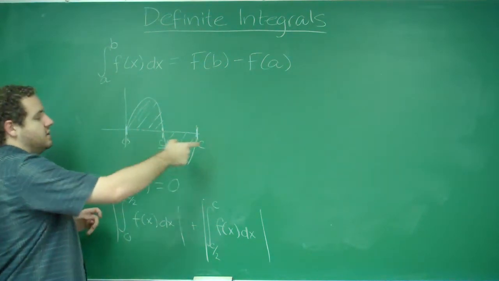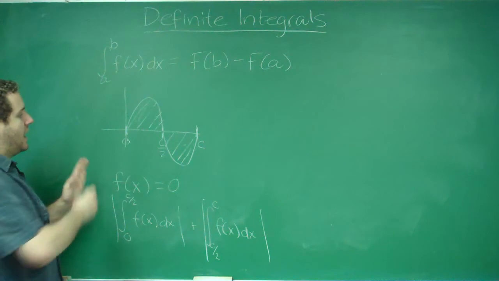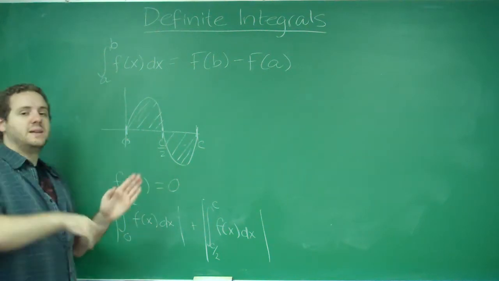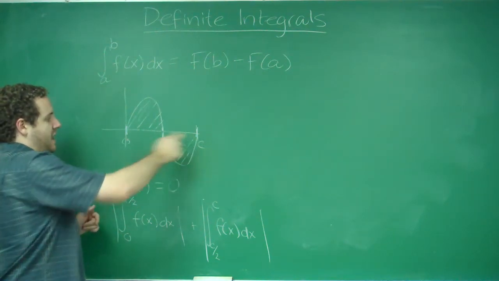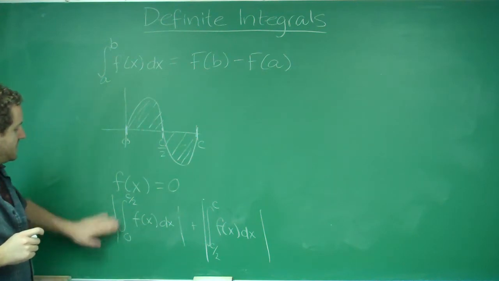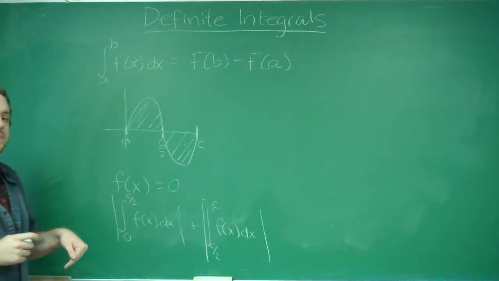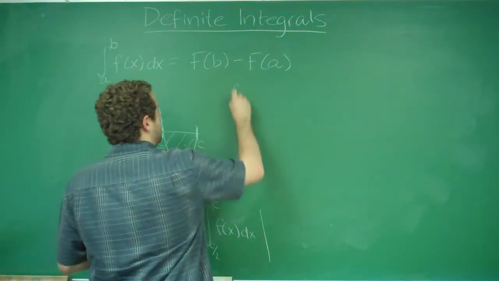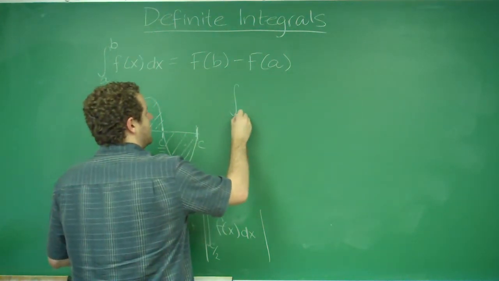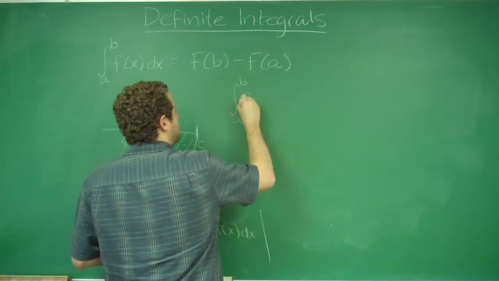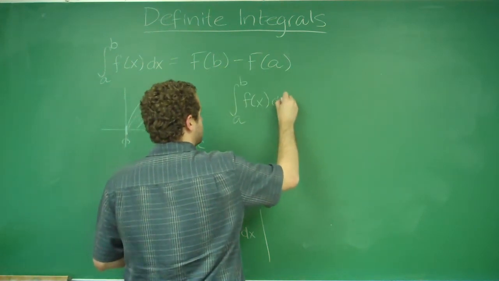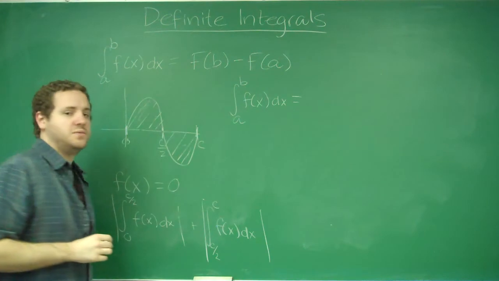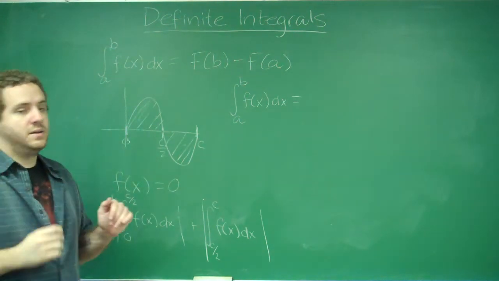So, however many zeros you have, you want to start at the beginning and go to the next 0, and then go from that 0 to the next 0, and on until the end. And each one of these sections, you want to take the absolute value of. So remember that we can do this because there's a rule for definite integrals that if you have the integral from a to b of f of x, that's the same thing as if you split it up at a common element.